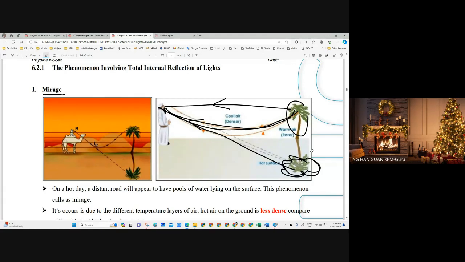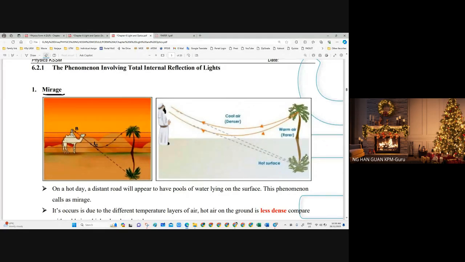The building does not really appear on the sea. The building appears there because it's the image brought by this total internal reflection. Usually it will be upside down. That's why people say it is a sky building, right? So how can the light be bent in that way?